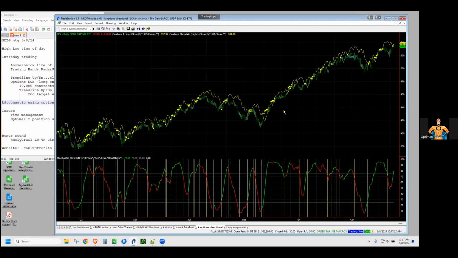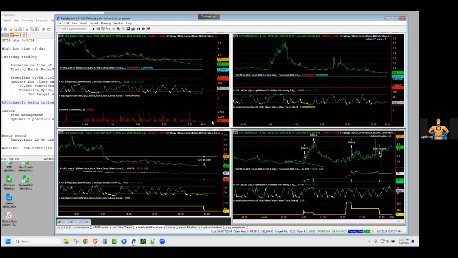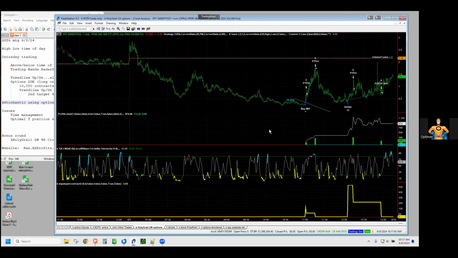Then the question is, how liquid are these options, right? So if you look at the day of expiration options, for these options, I have seen 10,000 contracts traded in 1 minute on SPY.